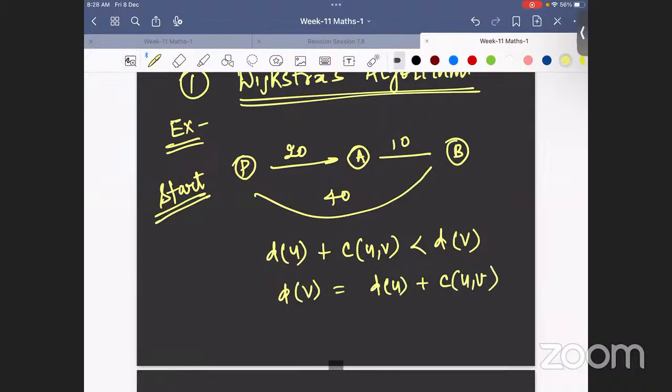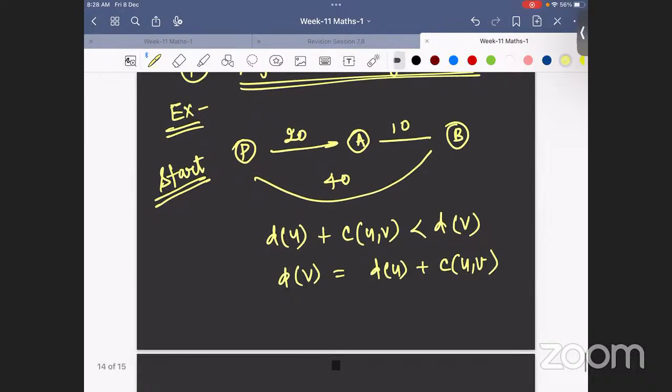This is what you have to do every time. And you initialize all the values with infinity.